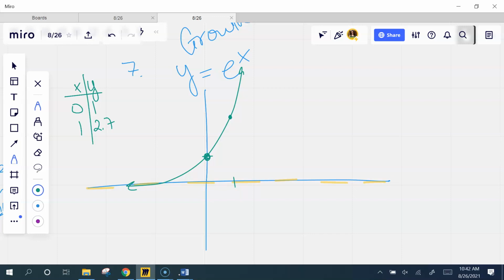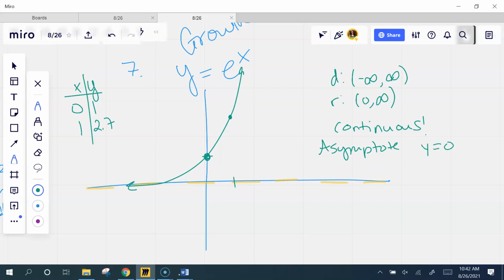All right. What's the domain? How about the range? Is it continuous? It's a parenthesis because there's an asymptote there. In fact, there's an asymptote at y equals 0.